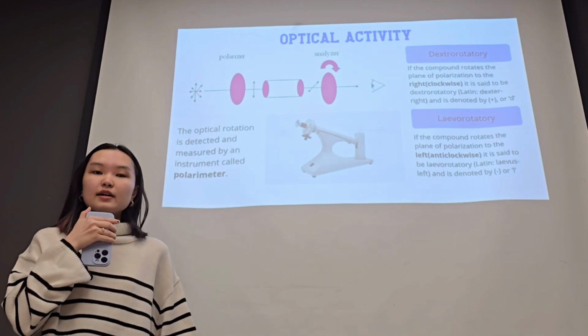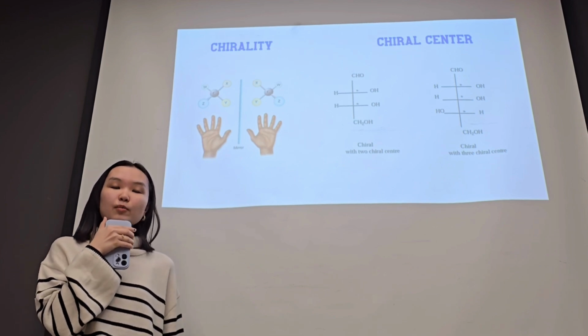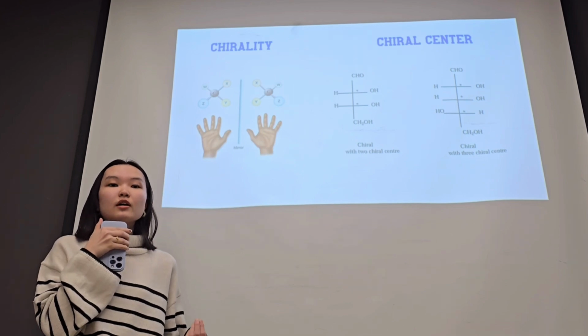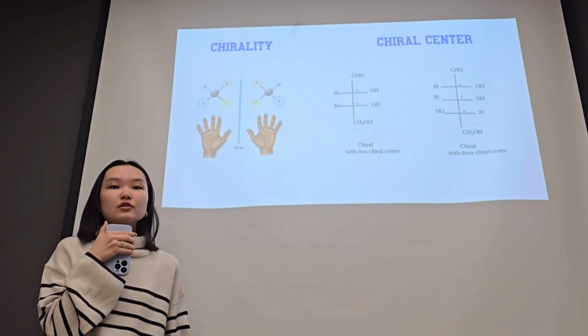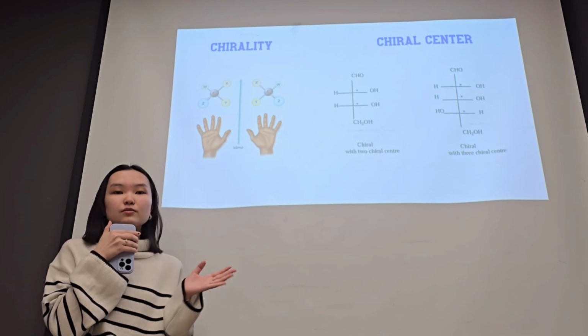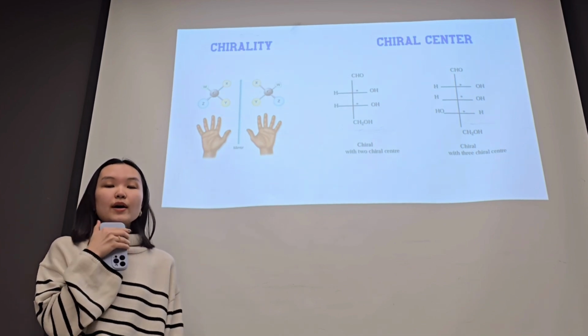So the next is about chirality. Chiral compounds are compounds that have non-superimposable mirror images of each other. So, for example, our left hand is not superimposable on our right hand.